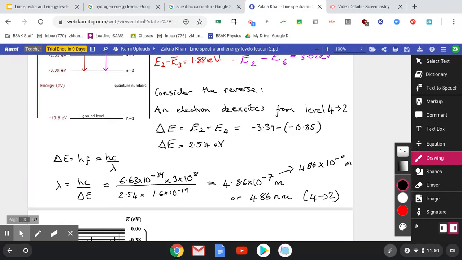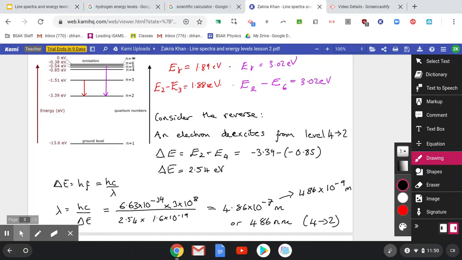And that is the wavelength that will be emitted when an electron de-excites from the fourth level to the second level.